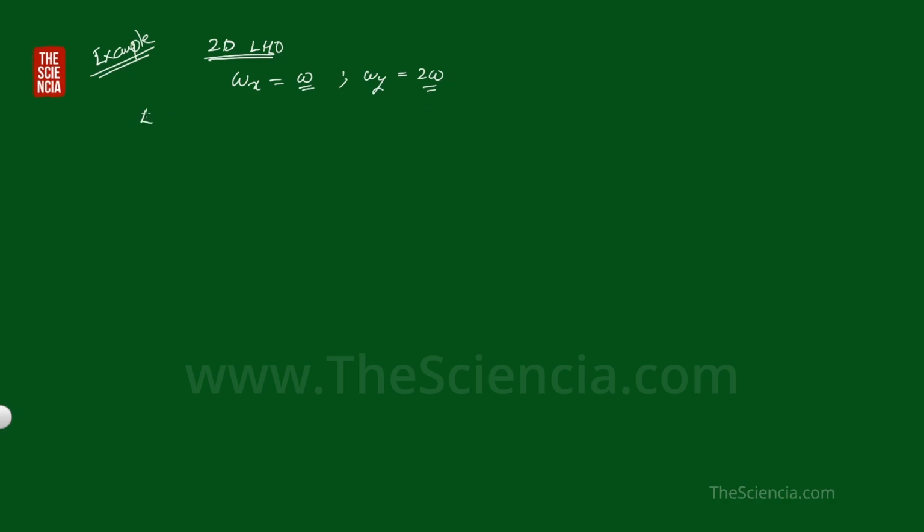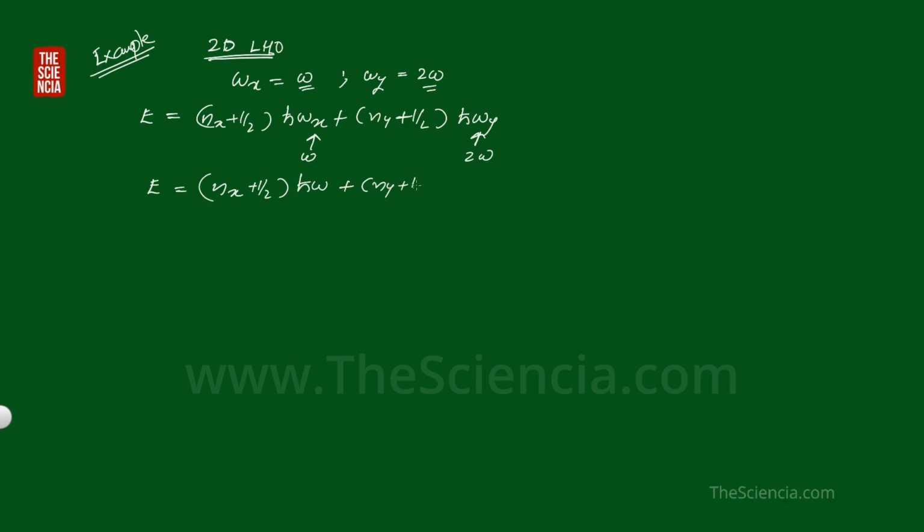And we know the expression for energy of a 2D harmonic oscillator, that is E is equal to nx plus half h cross omega x plus ny plus half h cross omega y. So we can substitute these values, omega for omega x and 2 omega for omega y. That is, we will get E is equal to nx plus half h cross omega plus ny plus half h cross 2 omega.